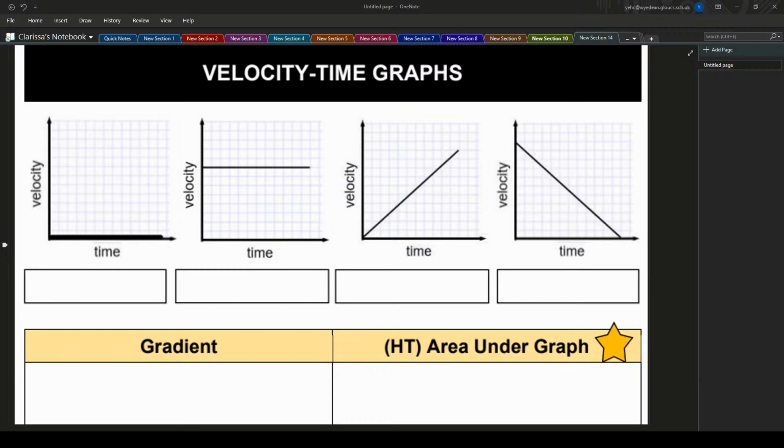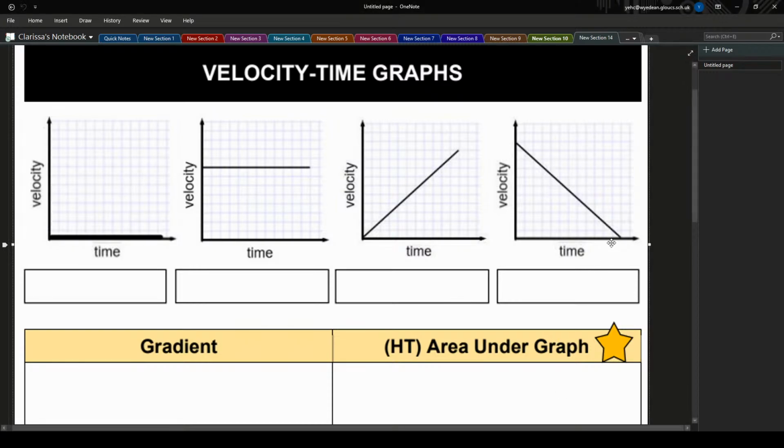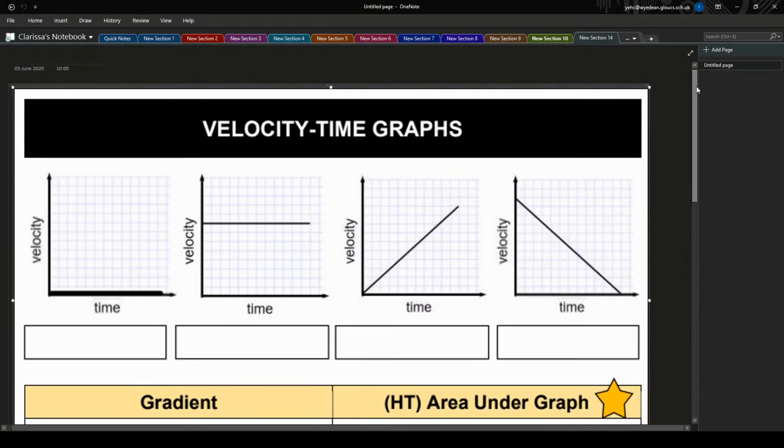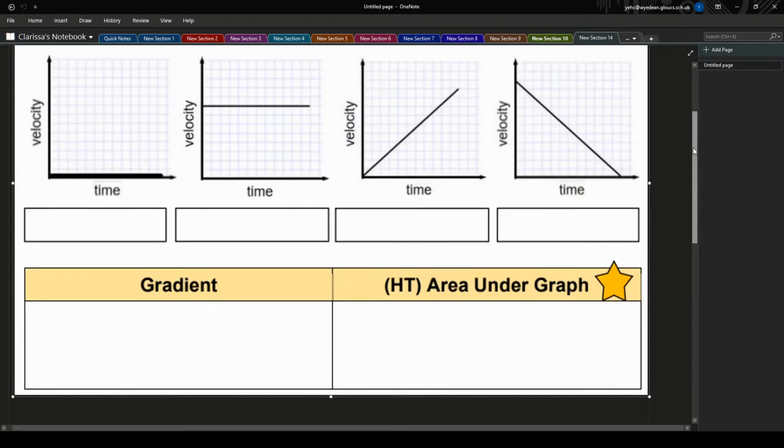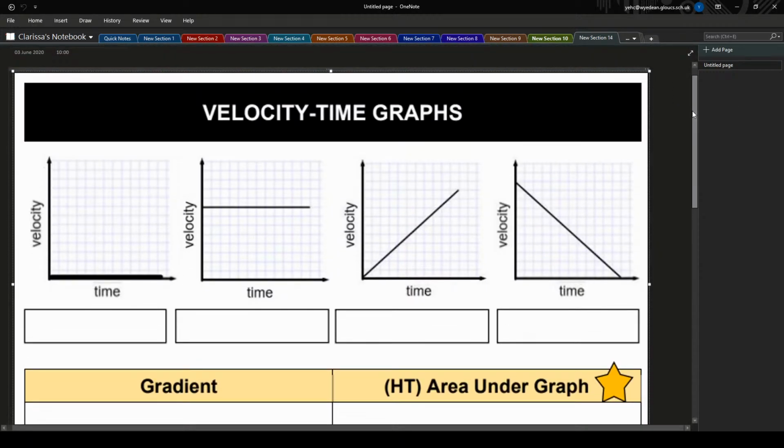Okay, so this is our second to last lesson on the motion topic. Last lesson we covered what velocity and acceleration are, and calculating acceleration using the idea of velocity, which remember is just speed in a particular direction.